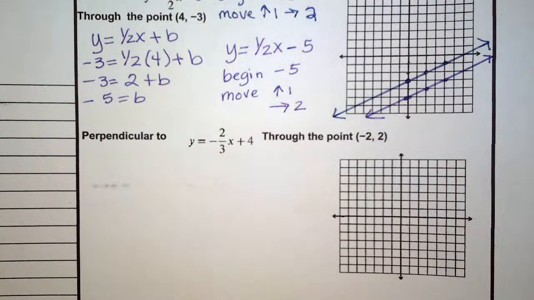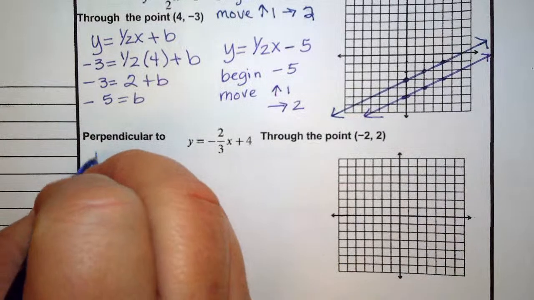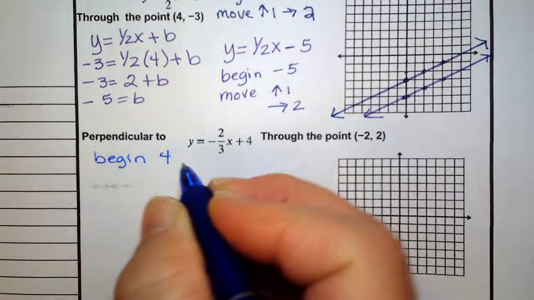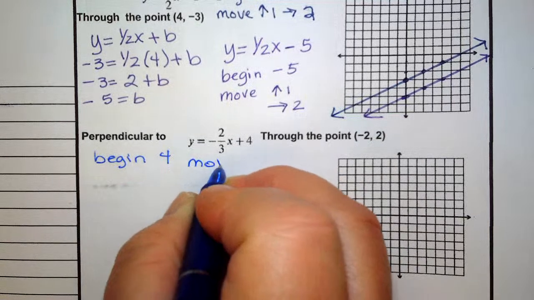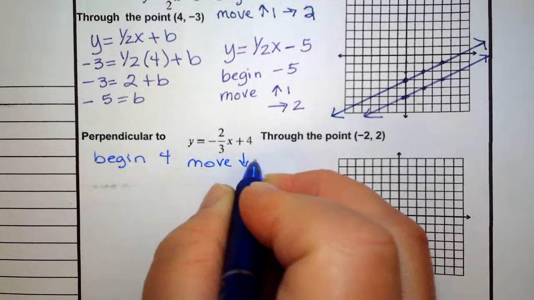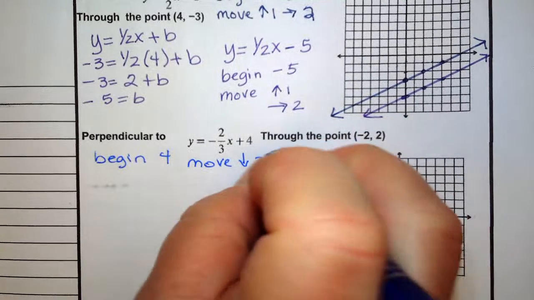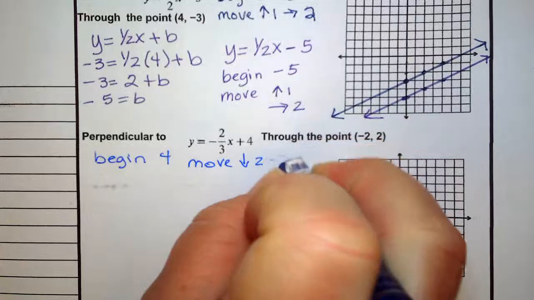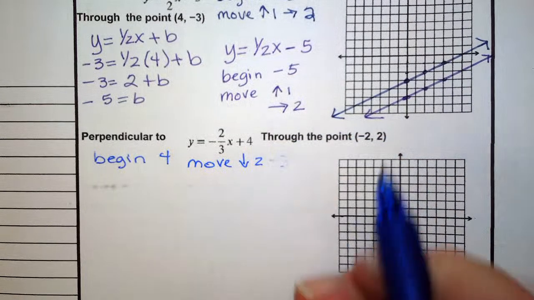Okay, so let's draw the first line. If I'm looking at it, I begin at 4. This is a negative slope, so I move down 2 and then right 3. You notice, unless I have to do totally opposite, it's always up or down and to the right, not to the left.